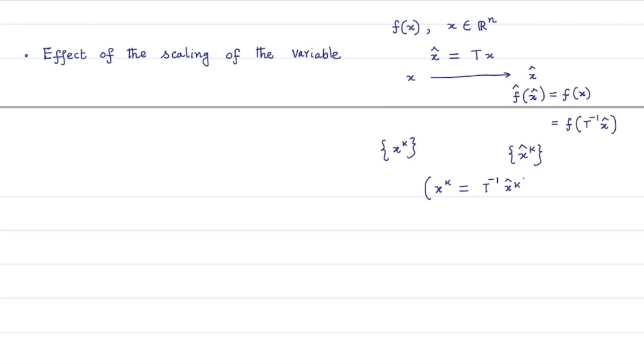If yes, then we say that the optimization method that we have employed to compute x_k or x_k hat is invariant to this transformation.